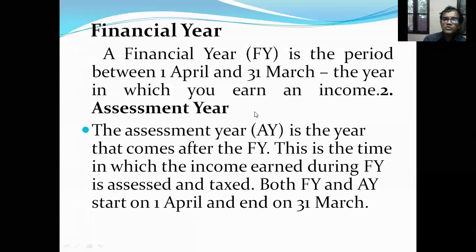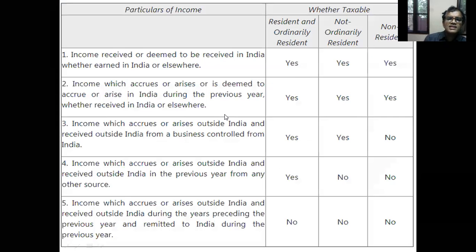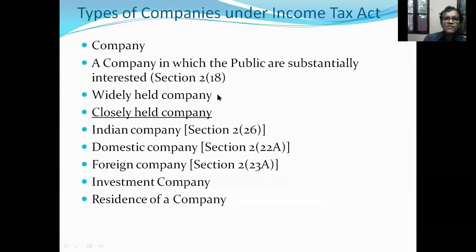We came to know what a financial year, previous year and assessment year are. We came to know how the residential status of a company is determined, and about the incidence of tax. And we came to know about the various types of companies under the Income Tax Act.